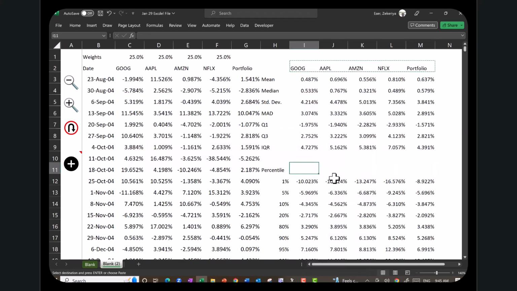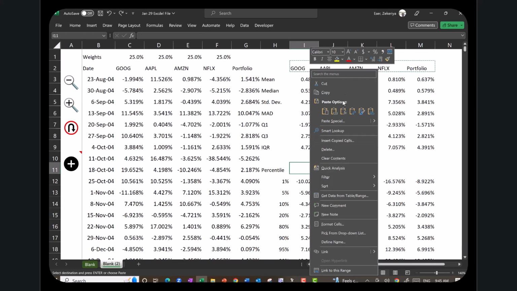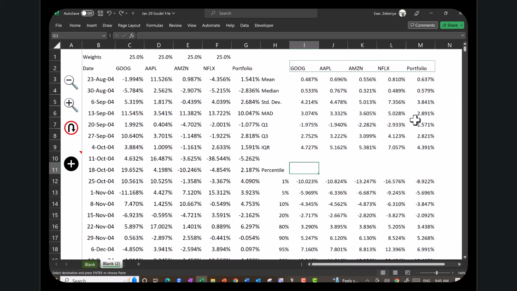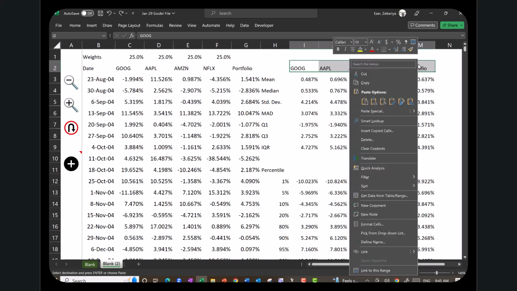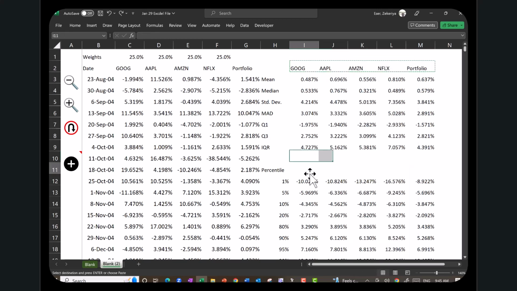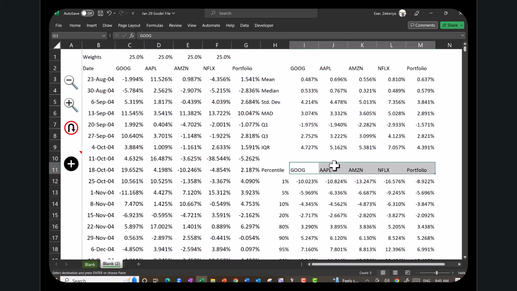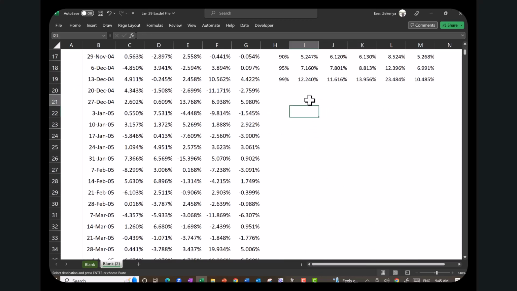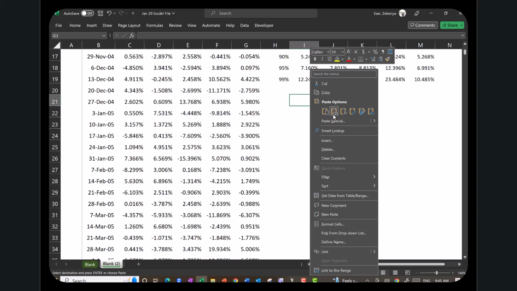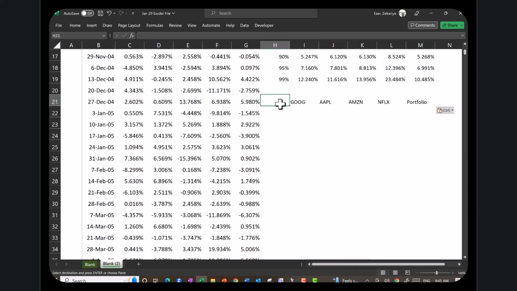I'm going to do the same thing here, and I'm going to call this skew.